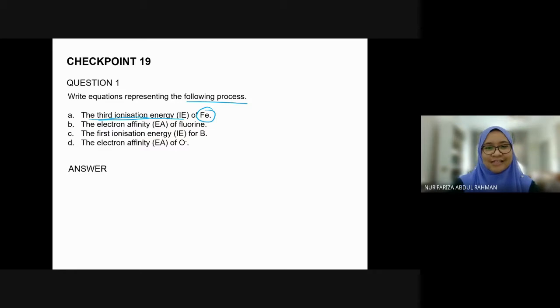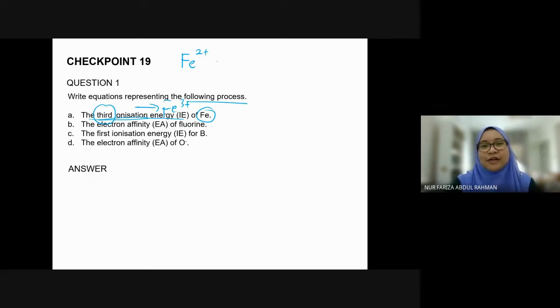Third ionization energy, that means dia should be removed from 2+. Third, that means dia punya product will become Fe3+. Okay, third ionization energy, that means the product should be Fe3+. Okay, and then dia buang elektron kan, so dia buang elektron, that means it need to be removed from Fe2+.